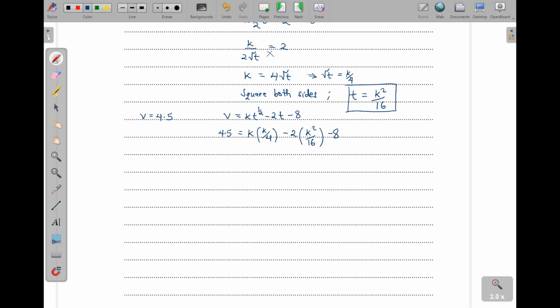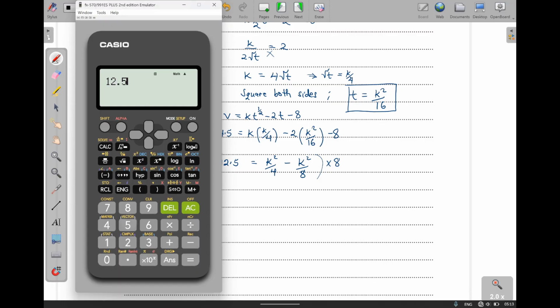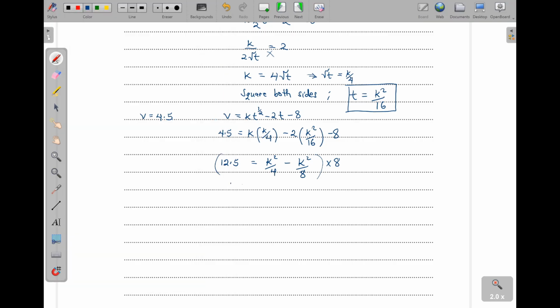Now you can simplify this. Bring 8 this side. 8 plus 4.5, you get 12.5. Then here we have k squared over 4, then minus k squared over 8, okay? So we can multiply all through by 8. 12.5 times 8 gives us 100.